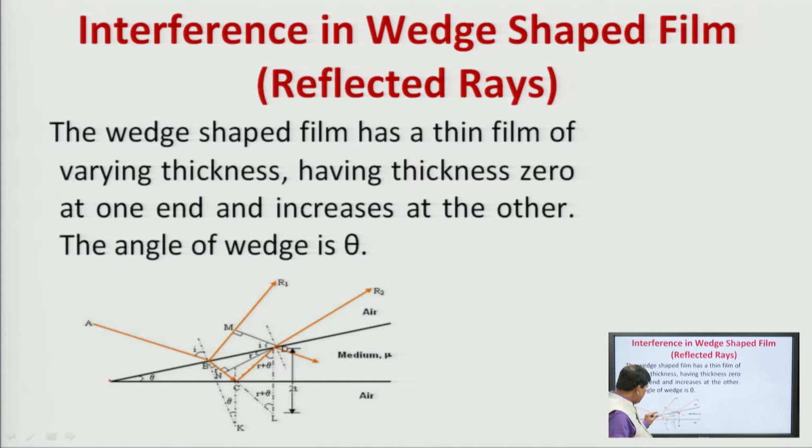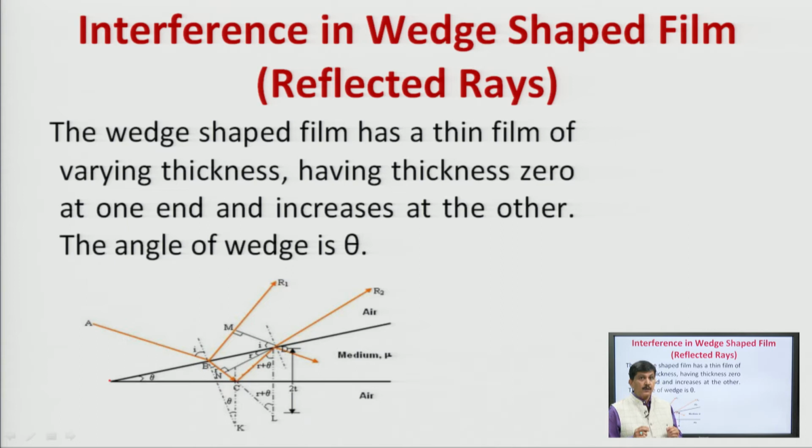The thickness of the film is very small. So, these two rays will be very close to each other and will superimpose to give the interference pattern. This interference pattern, meaning dark and bright bands, will depend upon the path difference or phase difference of the interfering rays.